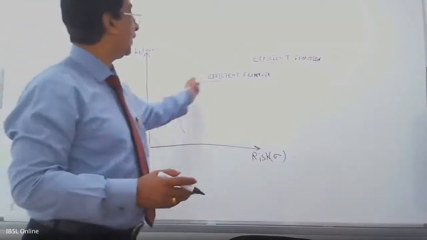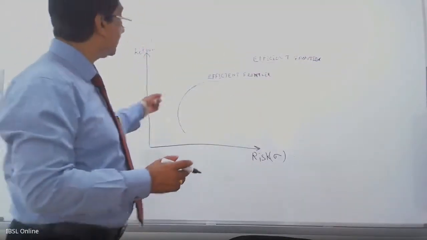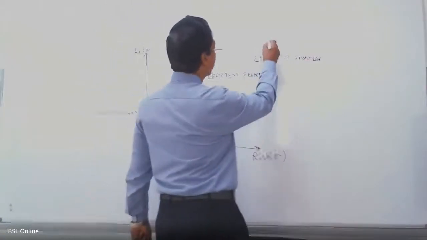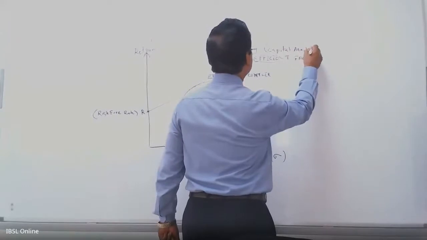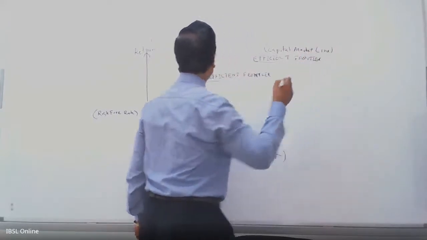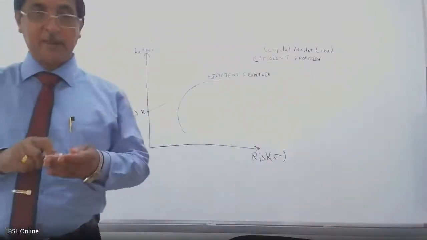So that is the efficient frontier for that. This is also known as capital market line.